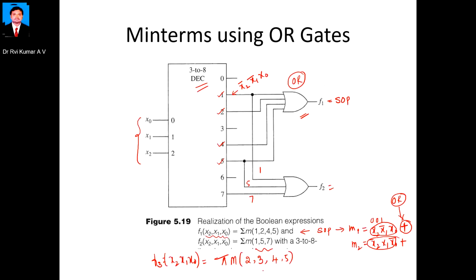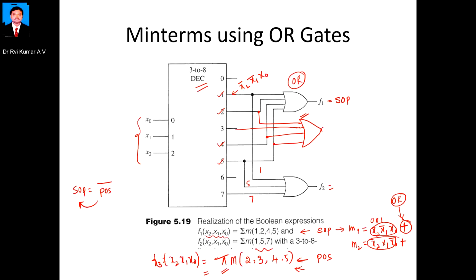How can I implement it? As we know, SOP is always the complement of POS. So we have the equation as a POS expression, and I need to convert it into an SOP expression, so I should take the complement of this form. So I use 2, 3, 4, 5 with the same OR gate, but I am supposed to take the complement to get the POS expression.